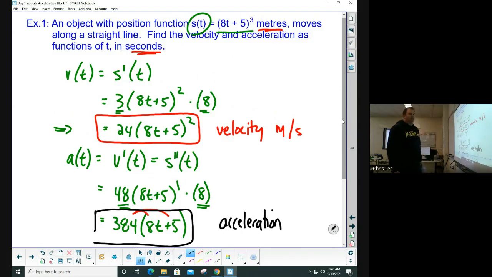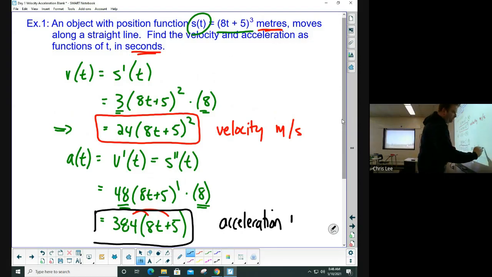And the notation for acceleration is meters per second squared, because you're taking the derivative of something that's already meters per second. It's like multiplying meters per second times meters per second, so you get this new unit called meters per second squared.